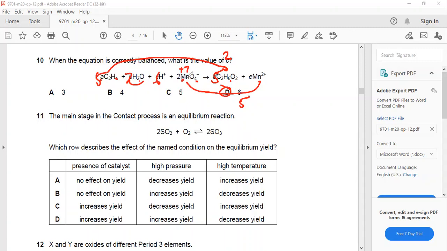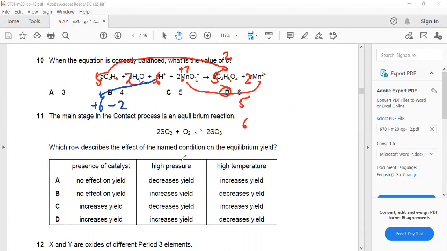The charges must also be balanced on both sides of the equation. So you can see the charges balanced here. On the reactant side, 6H plus gives plus 6, and 2 into -1 gives -2.